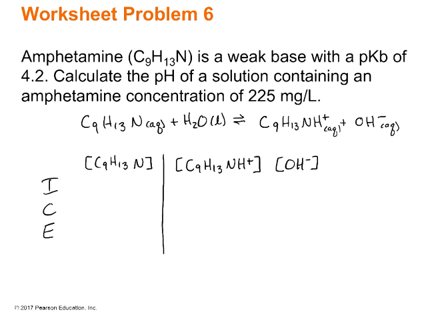Now, we don't actually know the initial concentration of the base in terms of moles per liter, which is what we use for ICE tables typically. So we're going to have to solve for that first. Let's go to the next slide, which is blank, and figure out what the concentration of amphetamine is in terms of moles per liter.